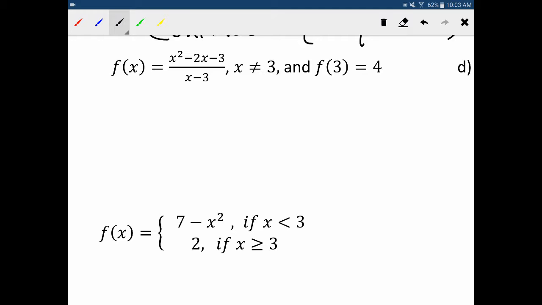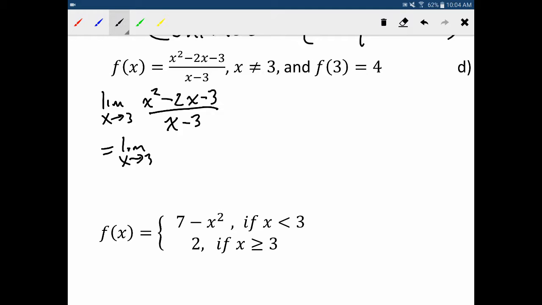If we look, we can say the limit as x approaches 3 of x squared minus 2x minus 3 over x minus 3 is going to equal the limit as x approaches 3 of (x minus 3)(x plus 1) over x minus 3.